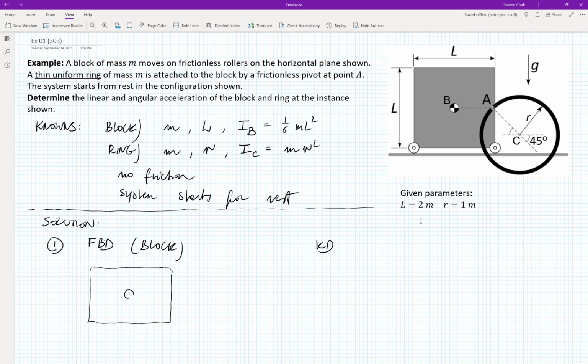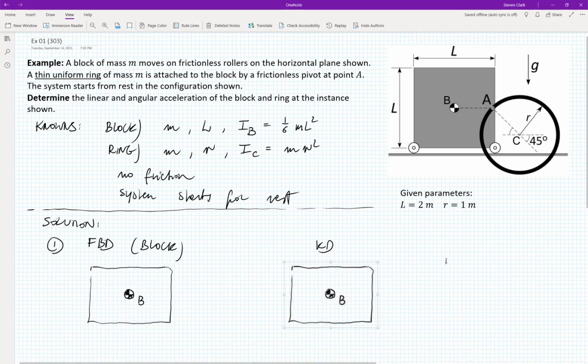And this is its center of mass, B. And I have to draw the same square at my KD. No, just kidding. I'm just going to copy paste it. Anyway, so now let's show all the forces acting on our block.